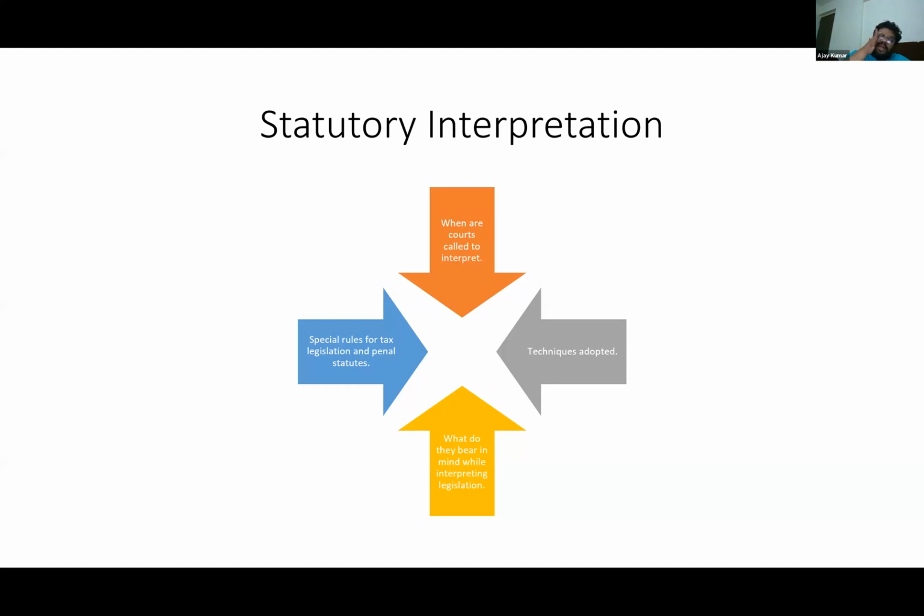So then what do we do? We try to look for the plain meaning of the word house. And if the meaning of the word house is dwelling, the question then becomes, am I dwelling in the hotel room during my period of stay? Clearly being in a hotel room even overnight is different from being in the hotel's restaurant, right?